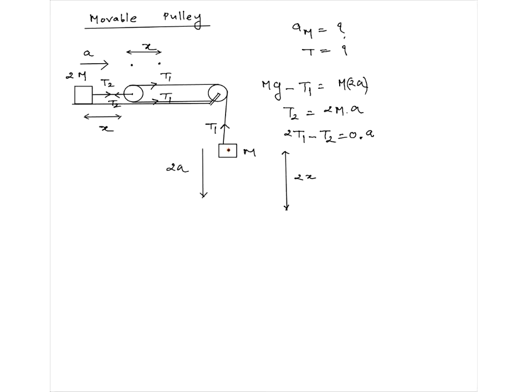Gravity will act on it, the mg force will pull it down. It will accelerate downwards, so there will be some tension, and because of the tension this pulley would move to the right side. Tension is generated here and this block will have to move.